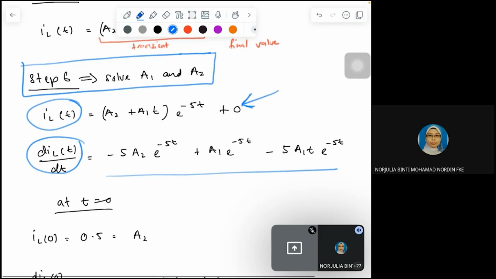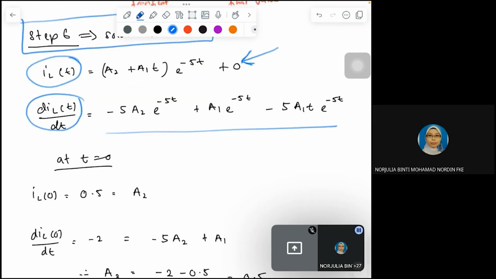After getting these two equations, now we should analyze both circuits at t equal to 0.